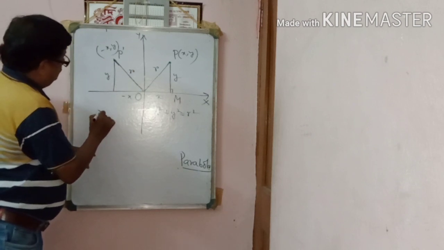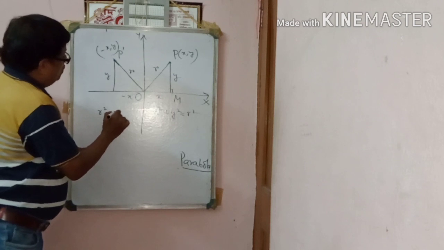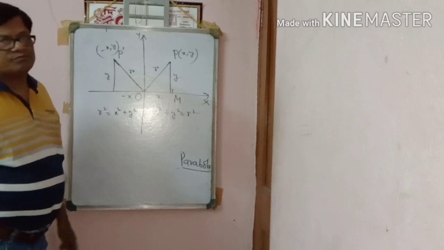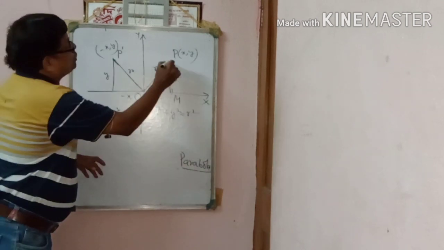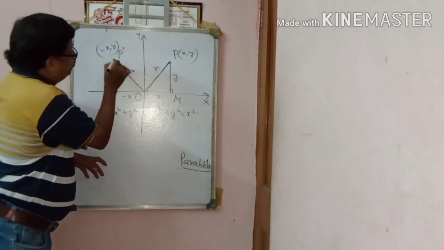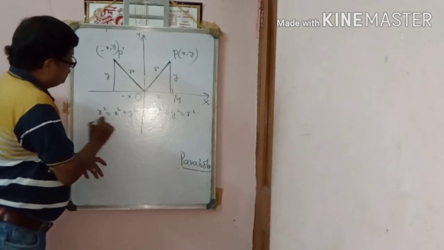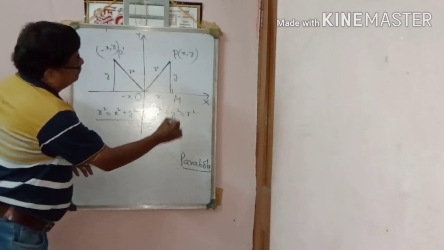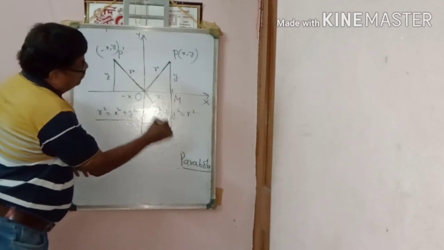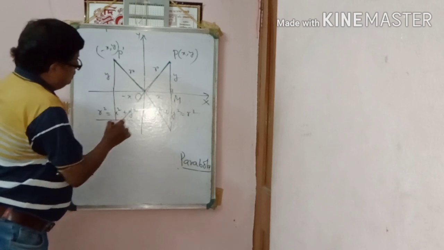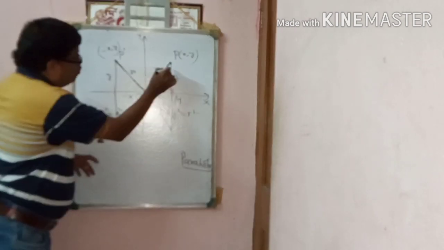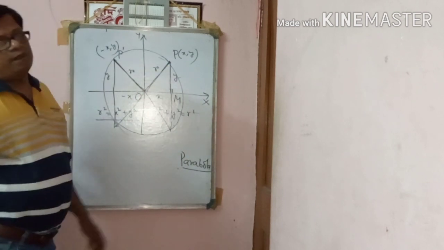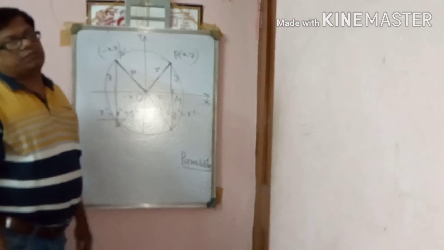Then r square equals x square plus y square. So here OP square is r square, and here also P dash square. So this is x square plus y square. If you put in the point somewhere else, the same result will come. Then the locus of the point, see, this is also the equation of a circle.